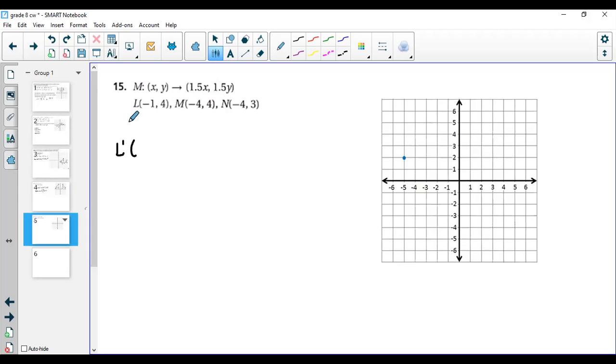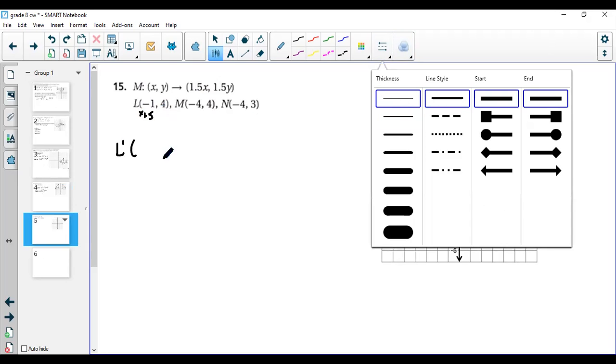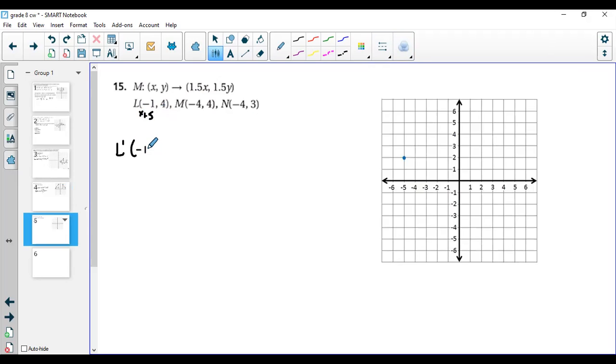So 1.5x, which means 1.5 multiplied by negative 1. What's that going to give you? 1.5 multiplied by negative 1 is going to give you a negative 1.5. Similarly, again, the rule for y is the same. 1.5 multiplied by 4 is going to give me 6. Then for M, it's going to be negative 4 multiplied by 1.5, which will give me, of course, a negative 6.